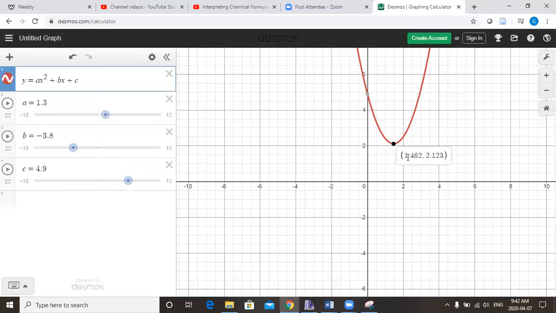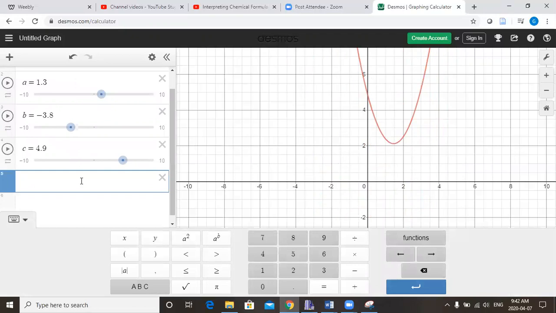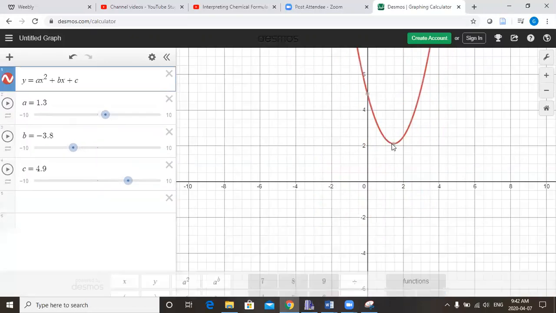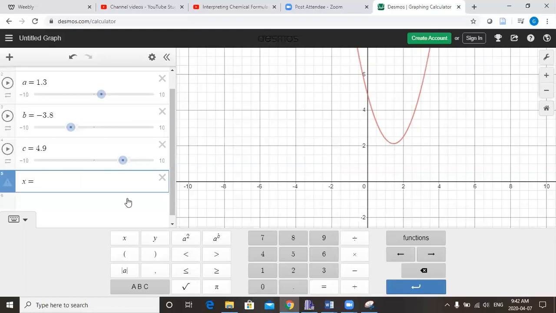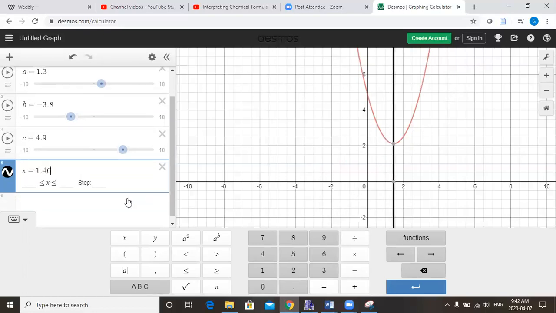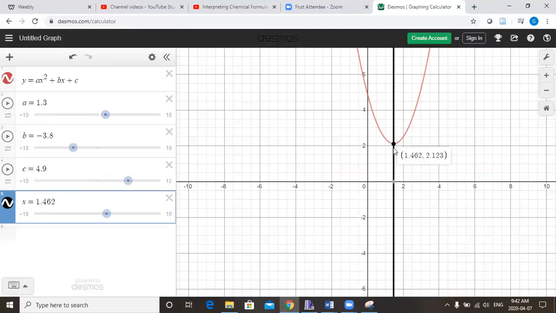And this is the axis of symmetry. So on this line here, I type x equals 1.462, and you'll notice that it goes right through the axis of symmetry. It goes right through the vertex. So the x value is the axis of symmetry, and the y value is the maximum or the minimum.